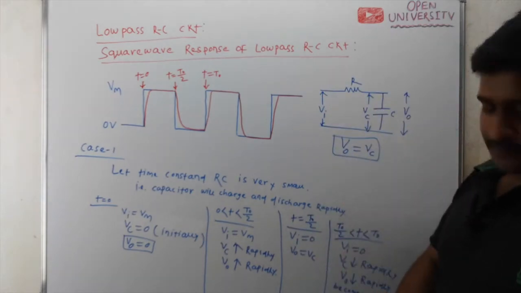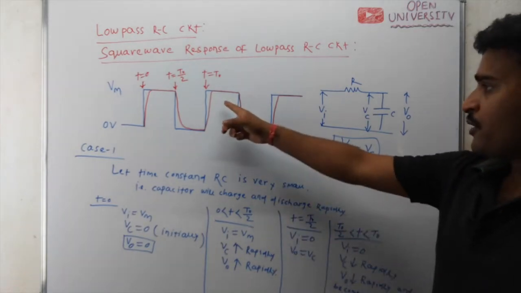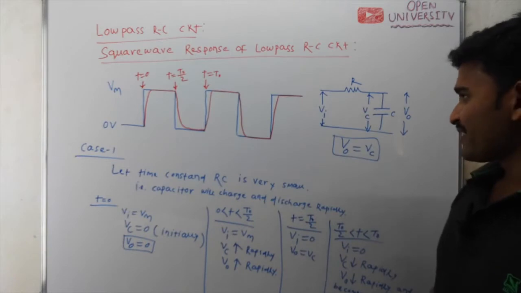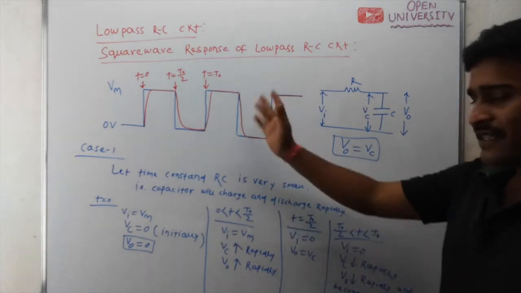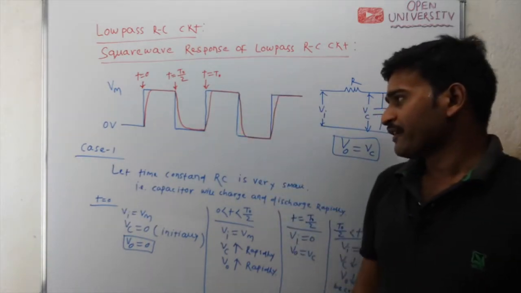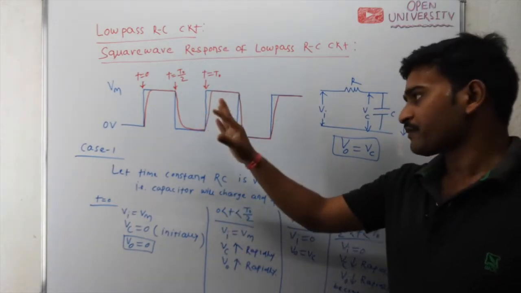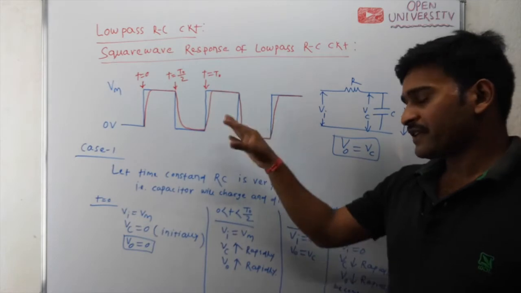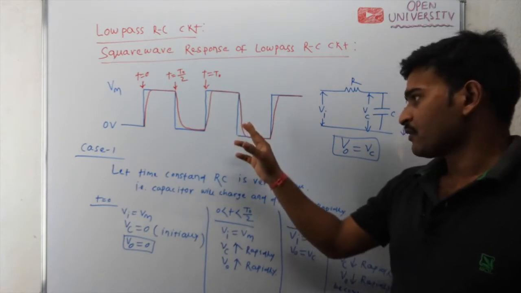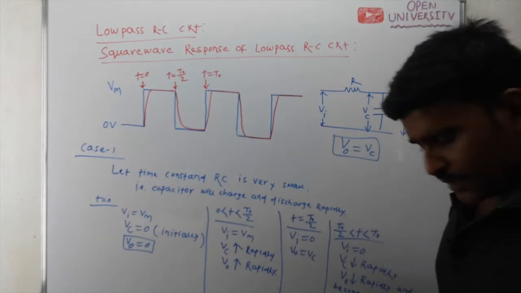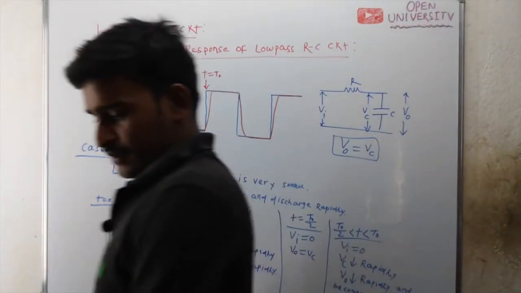And since the output waveform is almost similar to the input waveform, I can say that wave shaping is not occurring. Because output waveform and input waveform are almost same, wave shaping is not happening here when the time constant of the low pass RC circuit is very small.